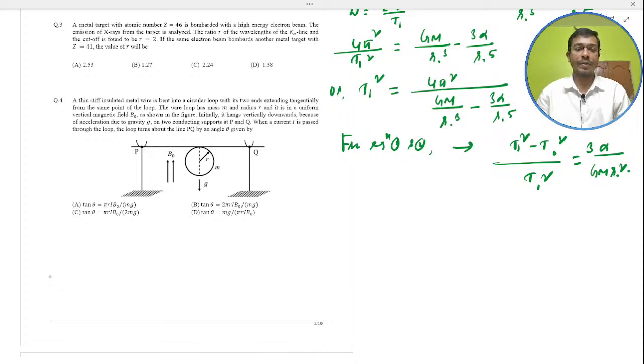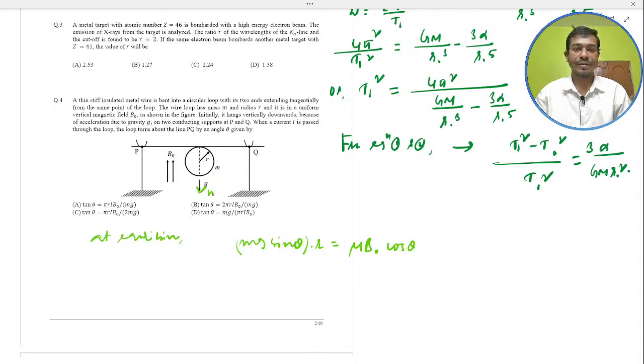Simple, just an equilibrium. At equilibrium, mg sinθ times r is equal to μB0 cosθ. Simple. This is the mg, and θ in these directions.